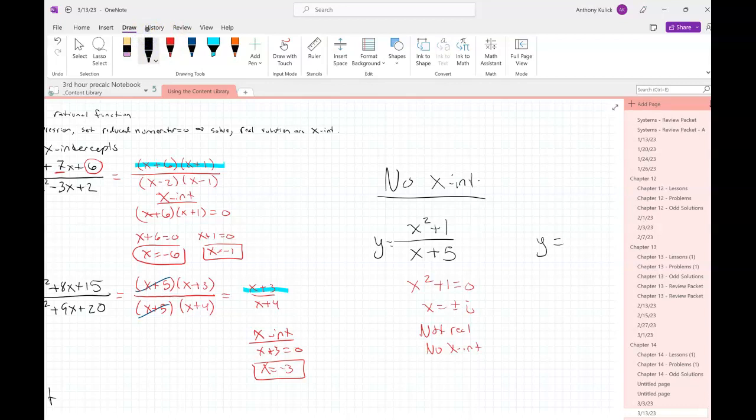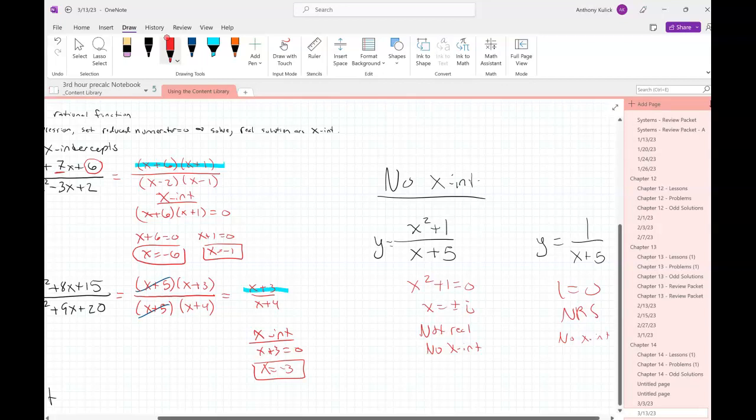Or, simpler even yet, what if I have no variable in the numerator? Like what if I just have 1 over x plus 5? Right? You set 0 equal to 1. This just, again, has no solution to it, so no x-intercepts. So situations like that can come up. Does that feel okay? No big deal there.